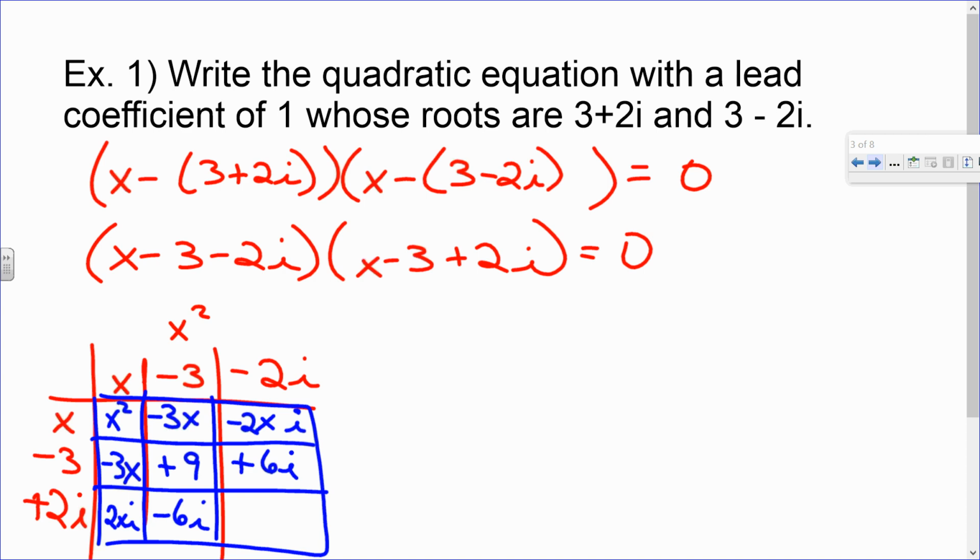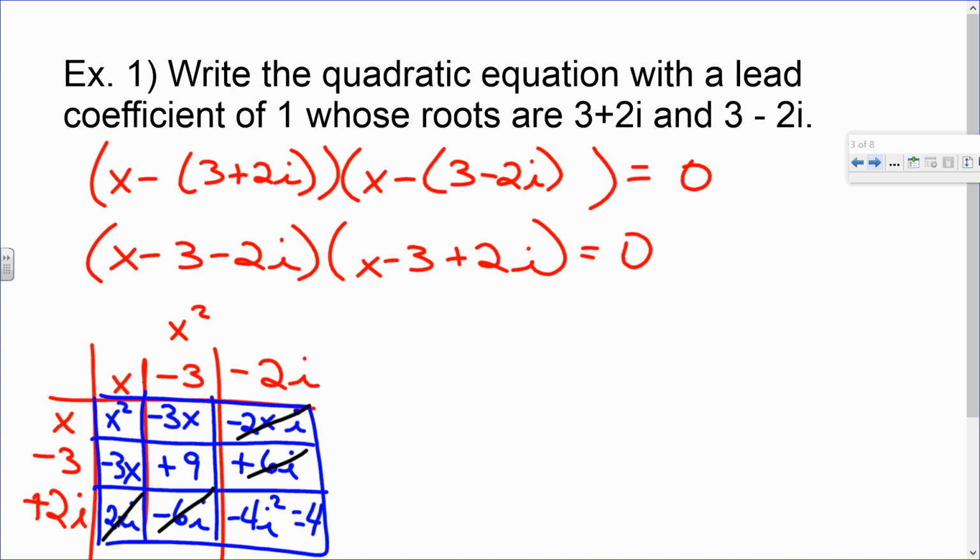And 2i times minus 2i is minus 4i squared, or positive 4. Then I'm going to look and see which things I can cancel in here. The 2xi and the minus 2xi cancel, and the minus 6i and the plus 6i cancel.